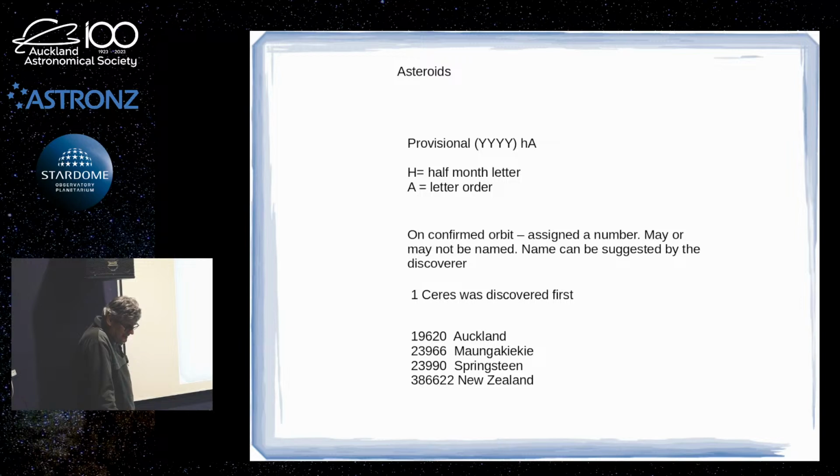Okay, asteroids, they're given a provisional year and a similar half month and letter order within the month, not a number order like the comets. But once they've had enough observations to get a confirmed orbit, they may or may not be named. If you discover one, you can't have it named after you, but you can suggest a name, and the IAU may or may not accept your name.